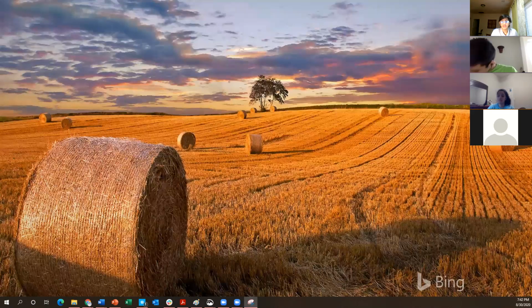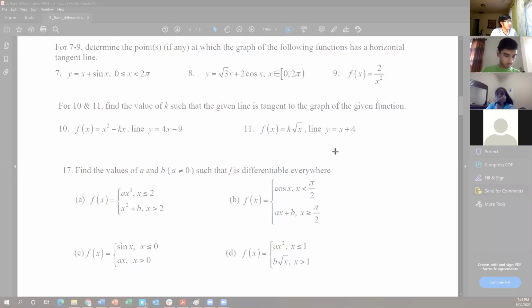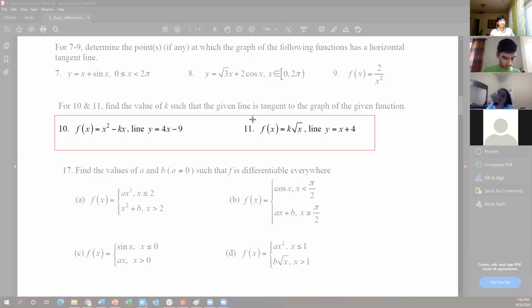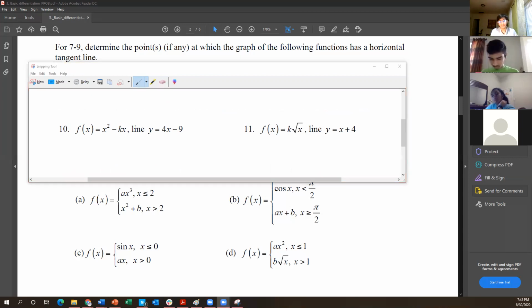Okay, number 10 and number 11. Let me open up my notebook because I'm probably going to get stuck while I'm doing this problem, just so I can remind myself how I did it, because I don't want to waste your time.